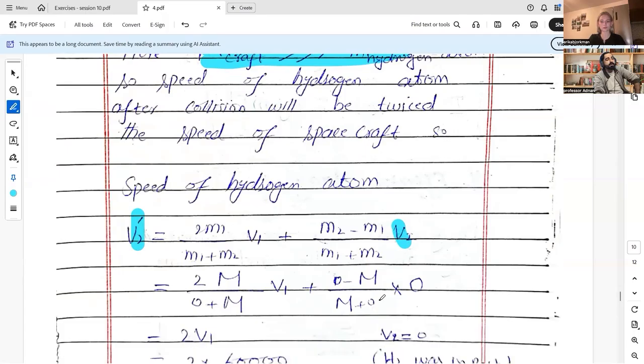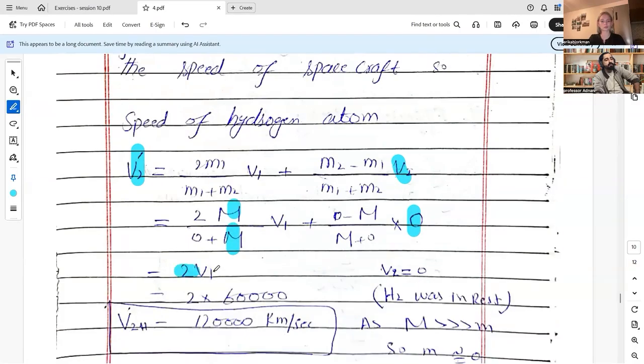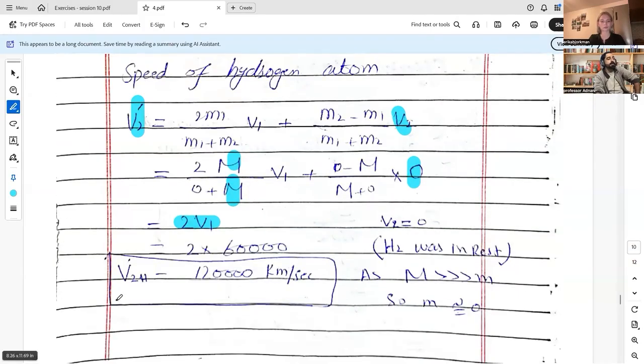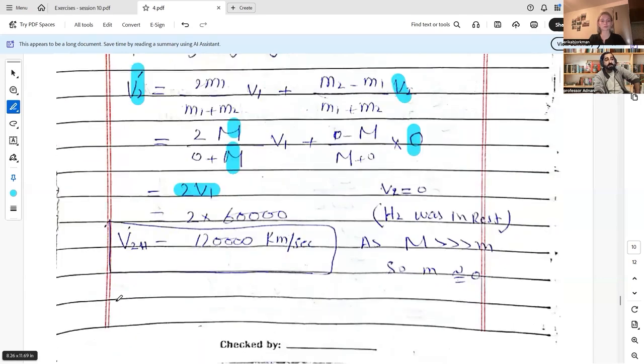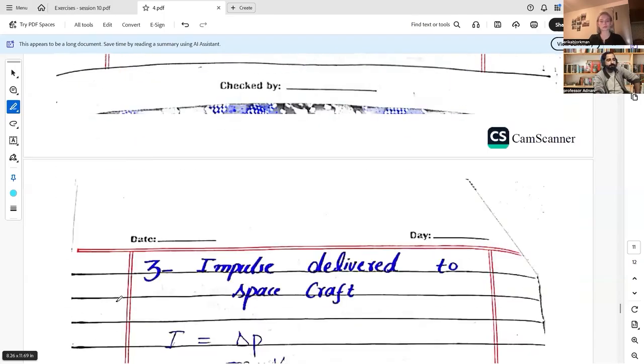As the second body was initially at rest, v2 equals 0, and m2, which is the smaller mass, can be ignored. Then 2m over m, you can cancel m by m, and it is 2v1, while v is 60,000 kilometer per second. So that is 120,000 kilometer per second. That is actually the velocity of the hydrogen atom, twice after collision.